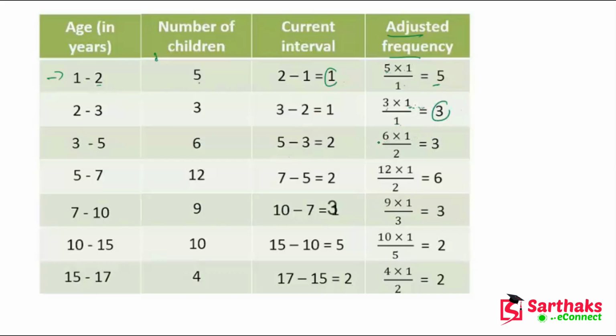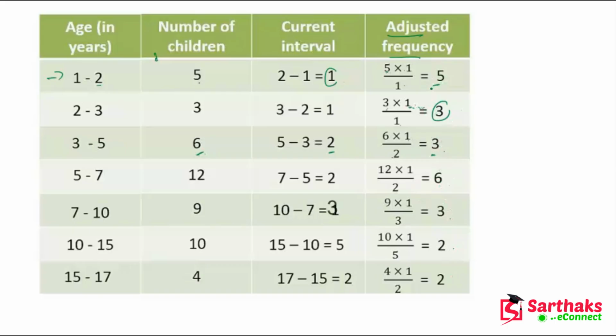Similarly, here the current frequency is 6, into the minimum size of interval, which is 1. This is constant in every adjusted frequency. It is divided by the current size of interval, which is 2. After solving this, we get 3. Similarly, and so on, we get 3, 6, 3, 2, 2.